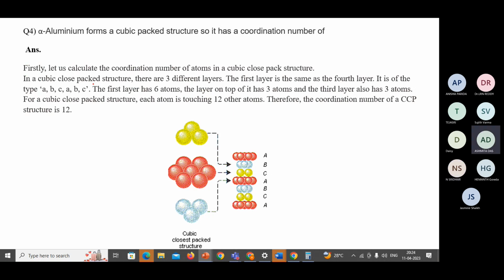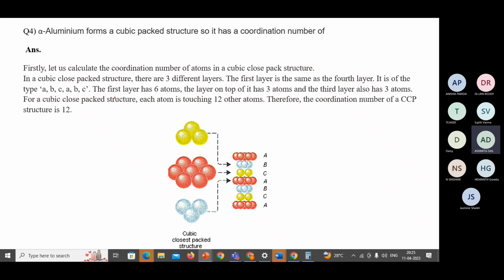In a cubic close-packed structure, there are 3 different layers. The first layer is the same as the fourth layer, so it is of the type ABC, ABC.